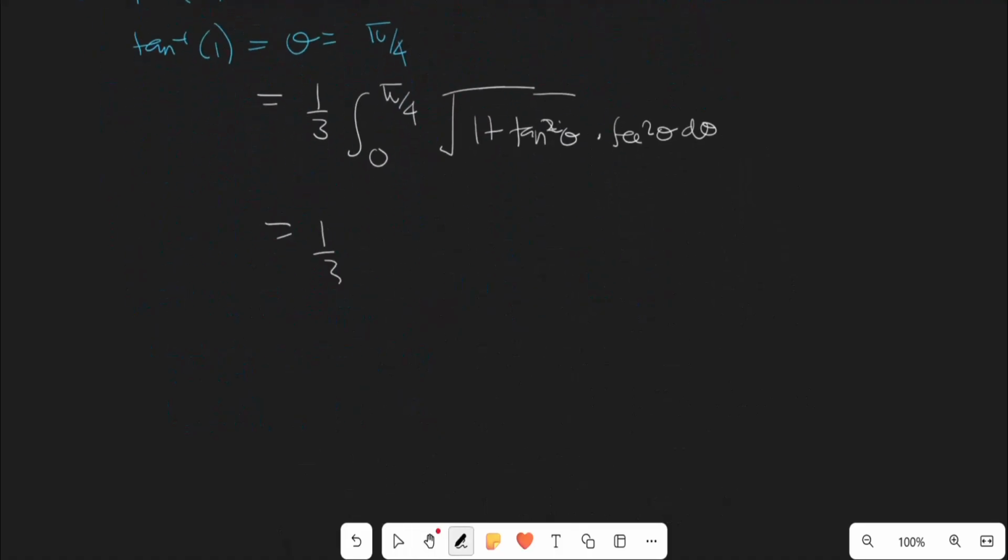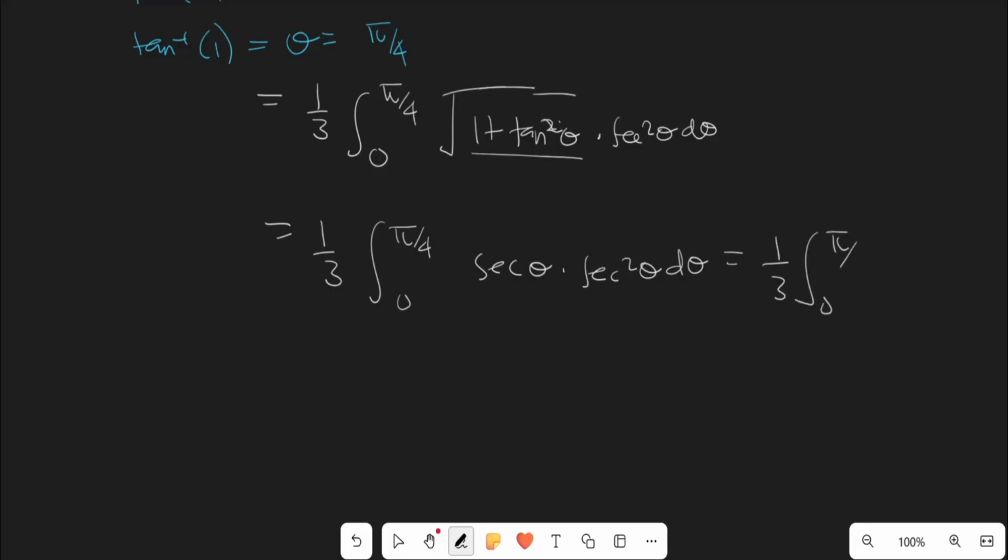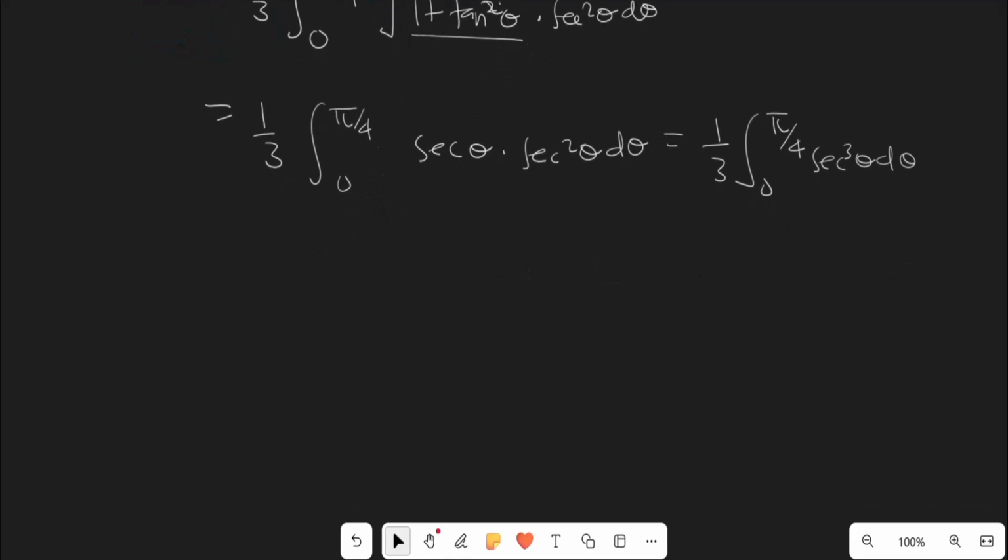And this one becomes 1/3 the integral from 0 to pi over 4 of, this is secant theta, because the square root of secant squared theta is secant theta, times secant squared theta d theta. In the end, our integral reduces to 1/3 the integral from 0 to pi over 4 of secant to the third power of theta d theta, like this.